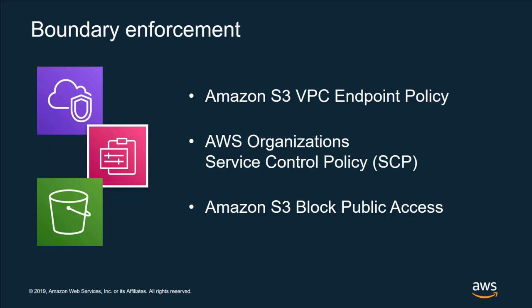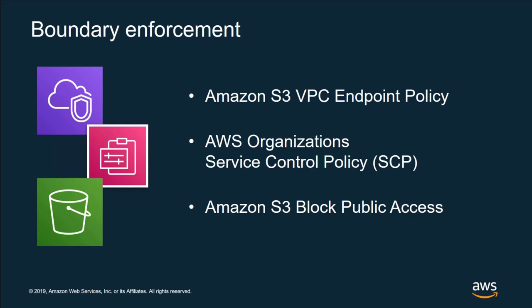We have what's called an S3 VPC endpoint policy. An endpoint allows you to access S3 over the AWS private network instead of the internet. And it also allows you to attach an endpoint policy that can restrict what S3 resources you can access from your VPC. I'll talk about that in the next slide.